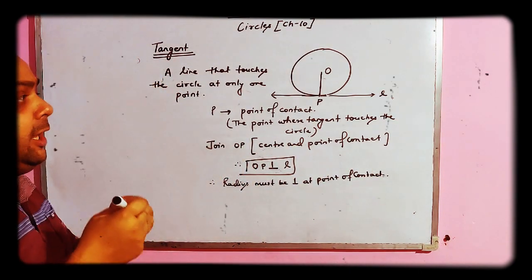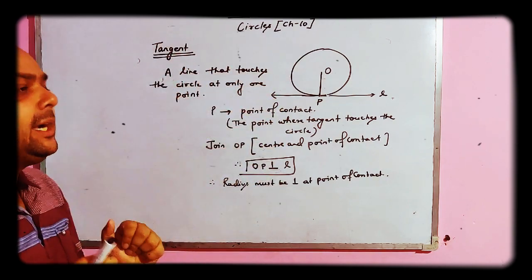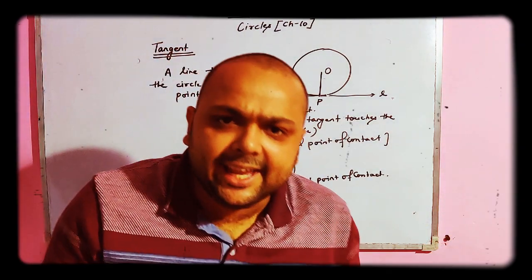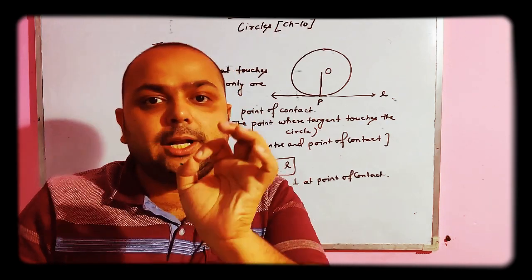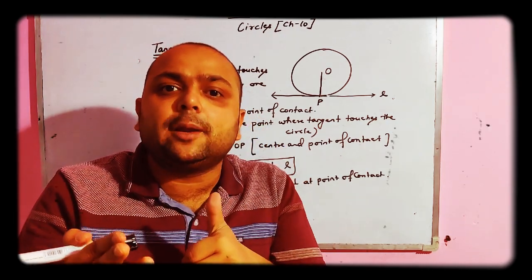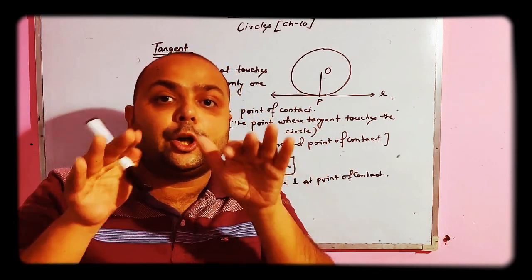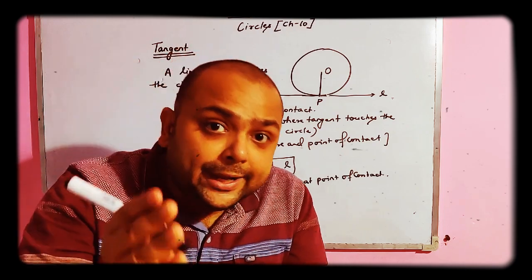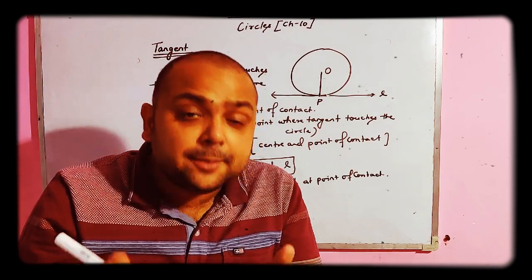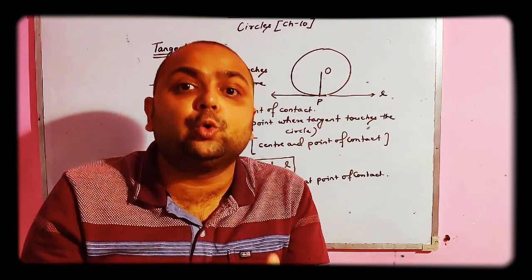Now, we know from this that any line that touches the circle at only one particular point is called a tangent. That particular point is called the point of contact, and the radius joining the point of contact must be perpendicular to the tangent.